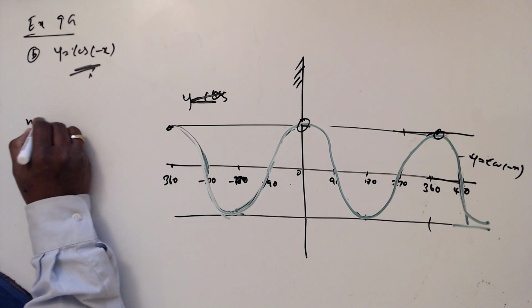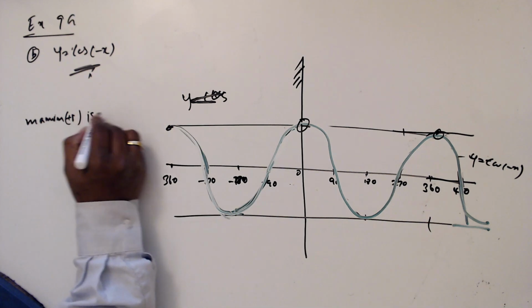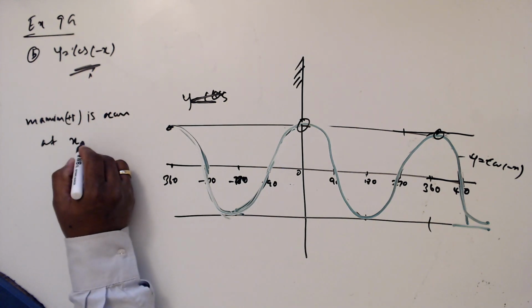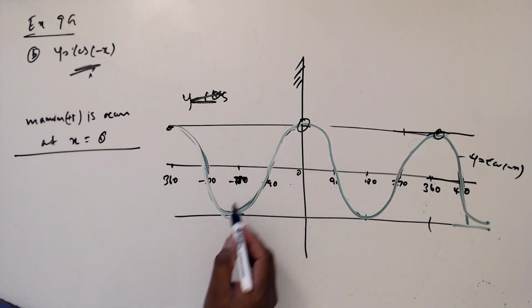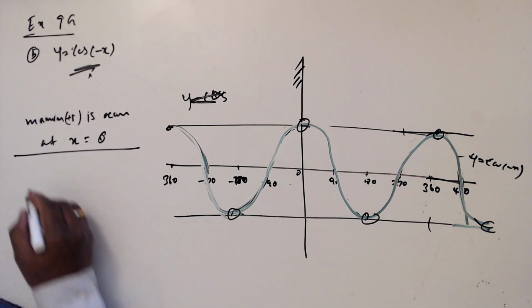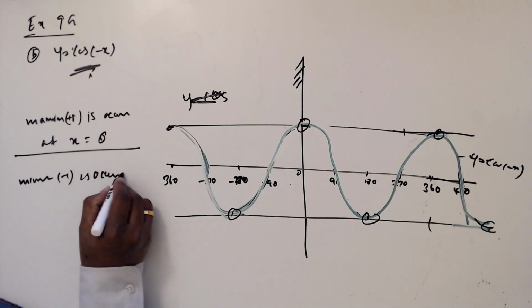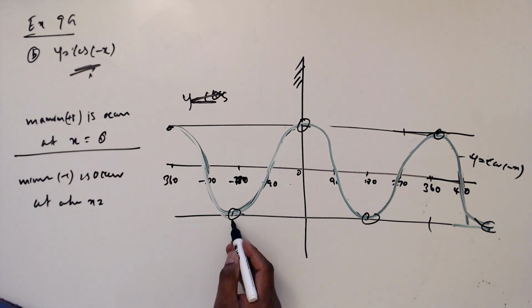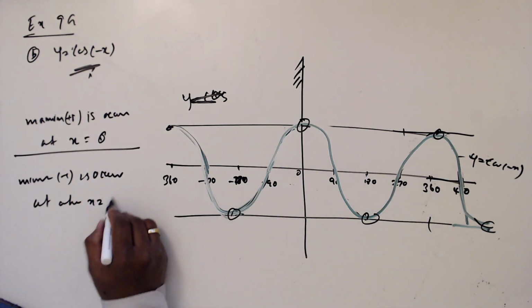So the maximum 1 occurs at x equals 0, and for the minimum, there are infinite number of minimums. So the minimum minus 1 occurs when x equals, which one is the smallest positive? This is negative. These all are positive, the smallest one is 180.